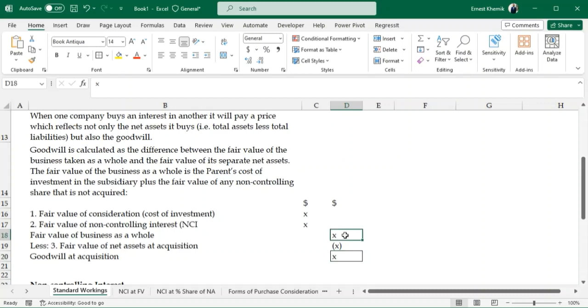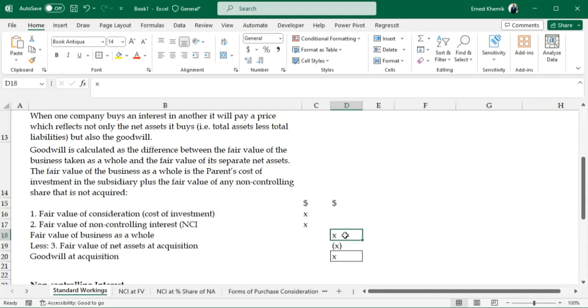That can happen. It's not like it is impossible. It happens that the value of the net assets might exceed the fair value of the business taken as a whole. That is the amount the parent is paying for the business together with the value of the non-controlling interest.